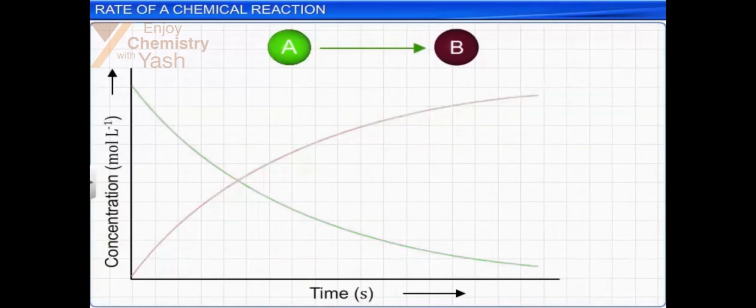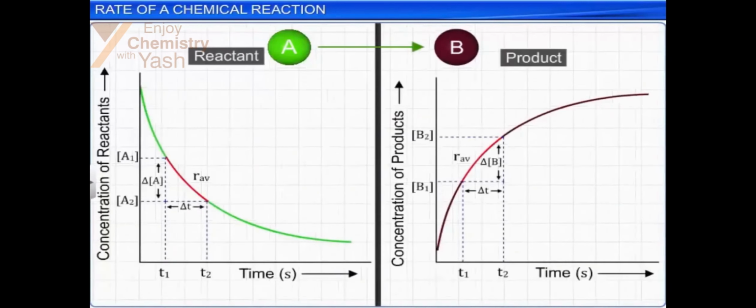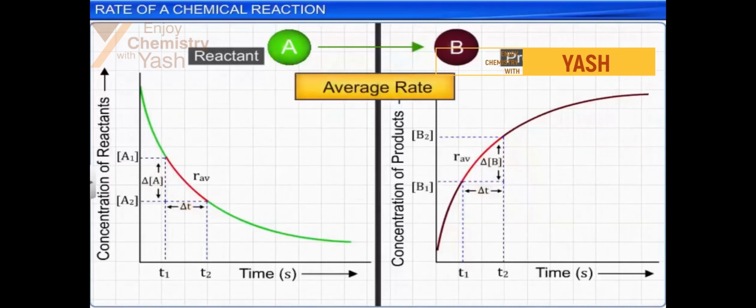From the graph, we can see that the concentration of reactant A decreases with time, while the concentration of product B increases with time. Note that the change in the concentration of the reactants and products and the time taken for that change to occur, as shown here, depicts the average rate.